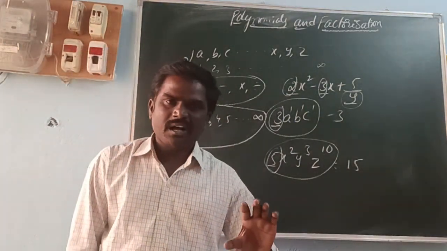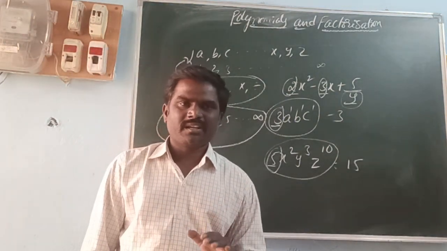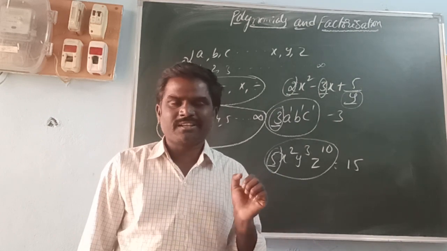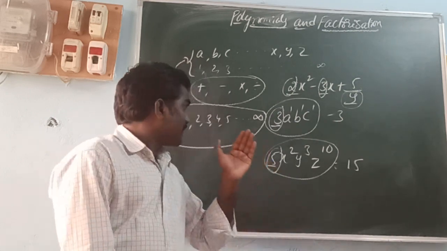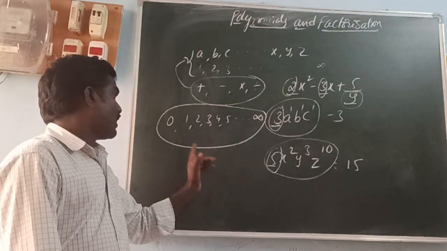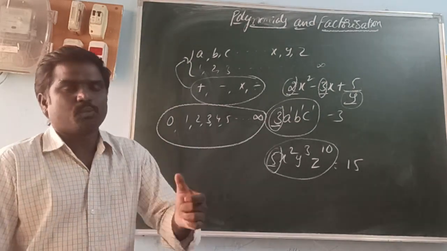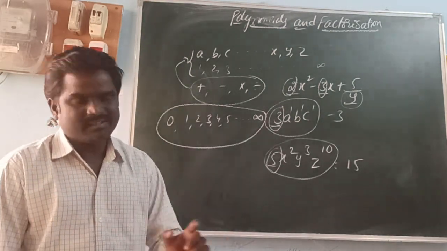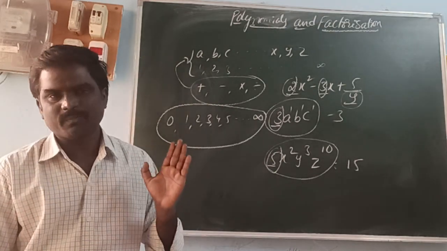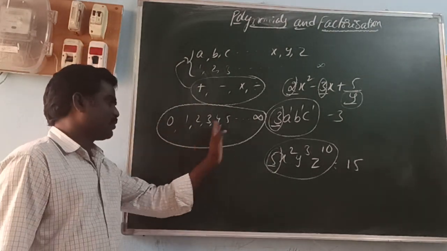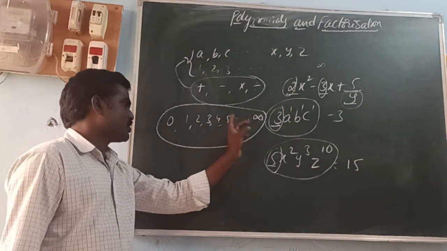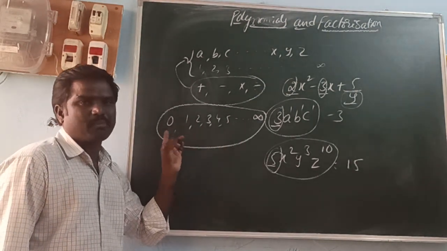That means the integer, the number, is not negative. Here what are they? 0, 1, 2, 3, 4, 5, 6 and so on. These are positive. 0 is neither negative nor positive.